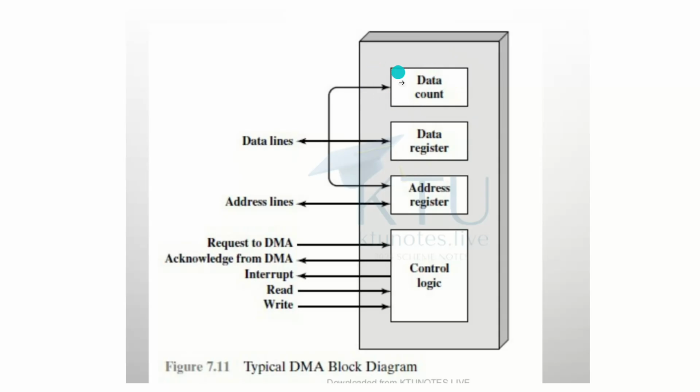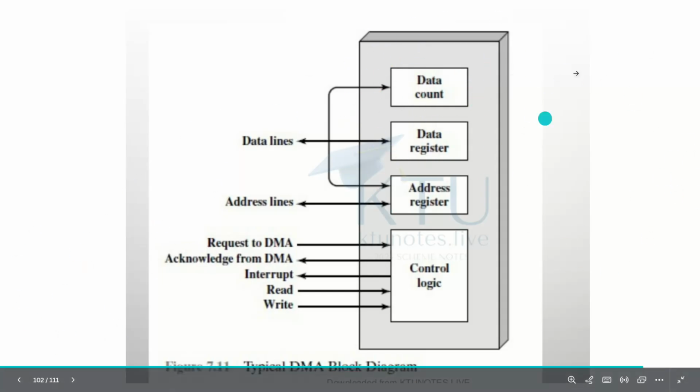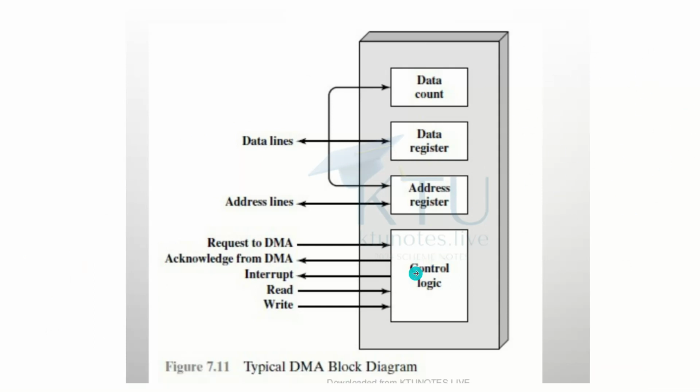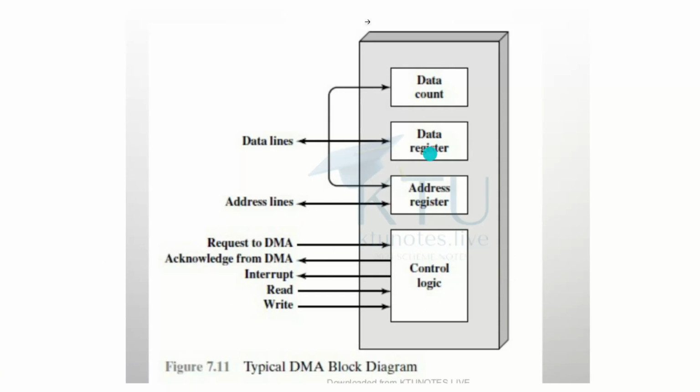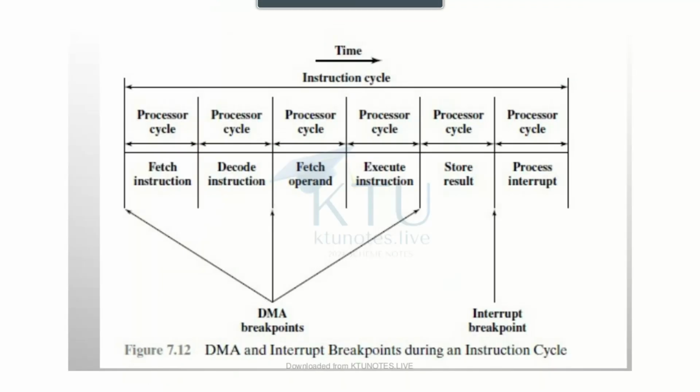It also keeps the data count, that means how many addresses are given, that many data items we have to transfer between the IO device and the memory. The acknowledgement from the DMA and the interrupt are given out from the control logic, and the request is given to the DMA. Whether we have to read or write also should be given.